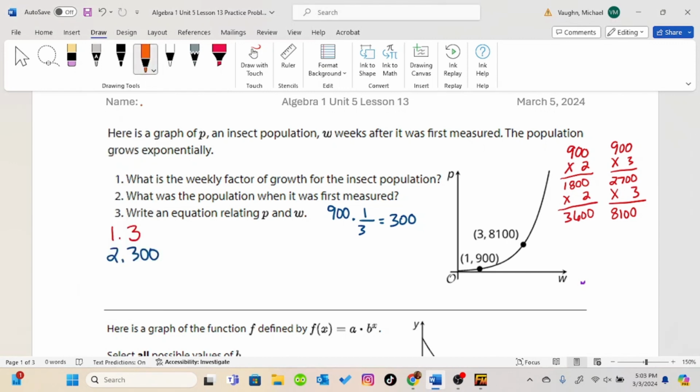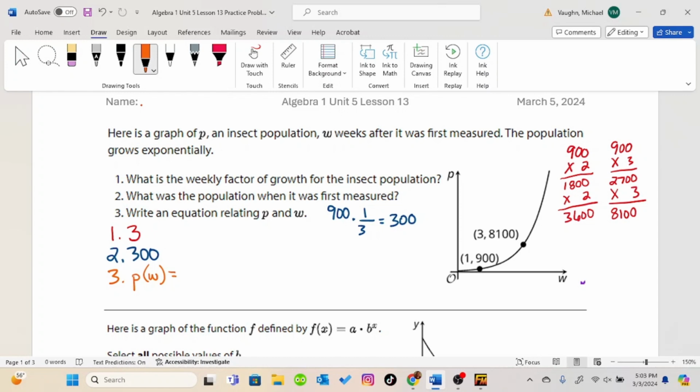Number 3, write an equation relating P and W. P is our output, so we're going to write P of W because W is our input. This is an exponential function because we're multiplying by the same amount each time.